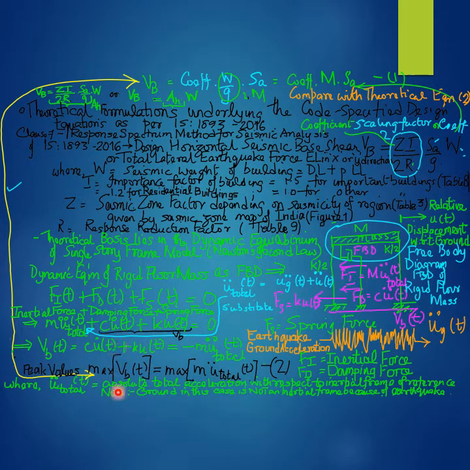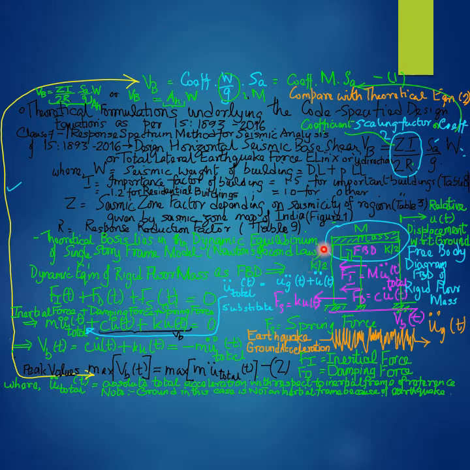Since for purposes of design only the peak values or the maximum values are of interest, the maximum of the theoretical dynamic base shear, or the peak value of the theoretical dynamic base shear V subscript small b, should therefore be considered to be equal to the maximum or the peak value of the right hand side, that is the dynamic inertial force given as mass times the total acceleration.